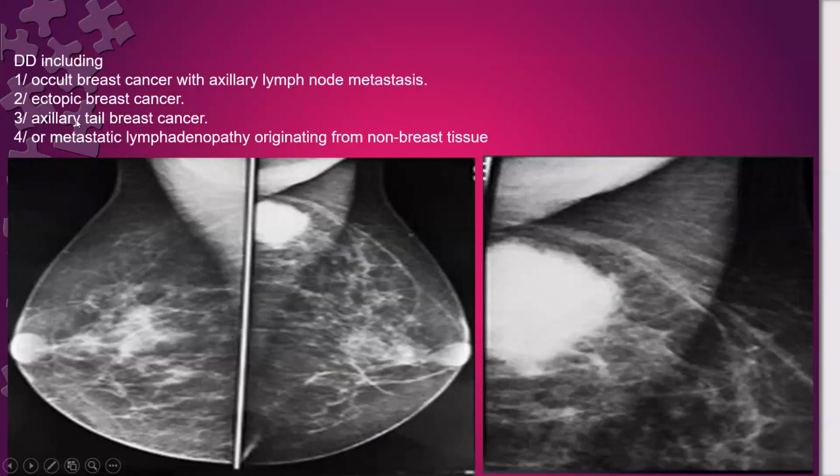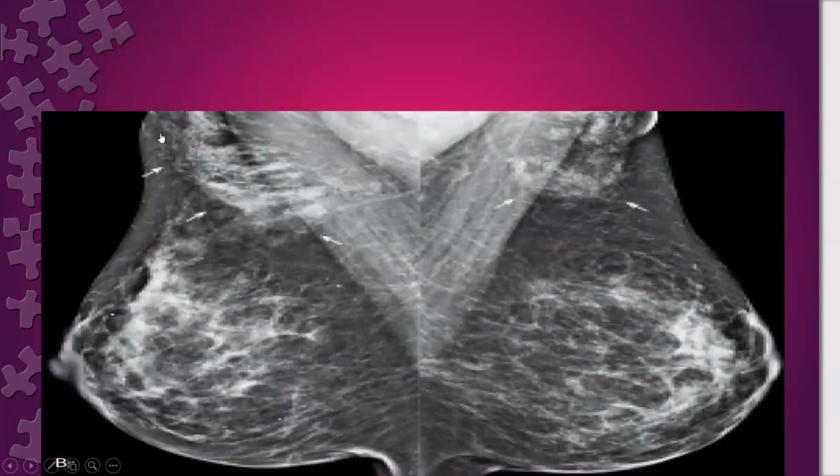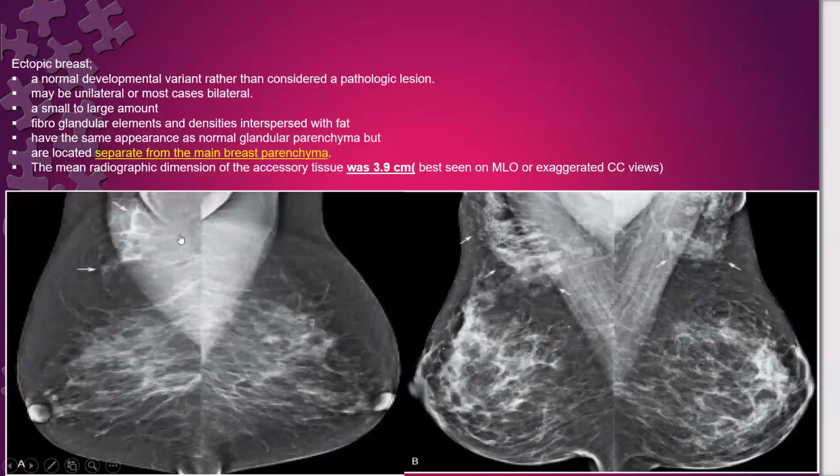That is why. You see, I went quickly here. Axillary tail, breast cancer. You see the difference between the axillary tail and ectopic breast. These variations are very important.